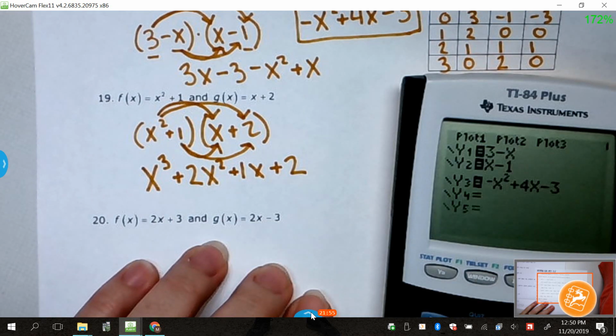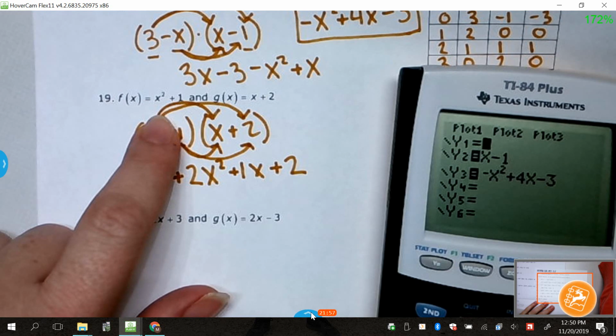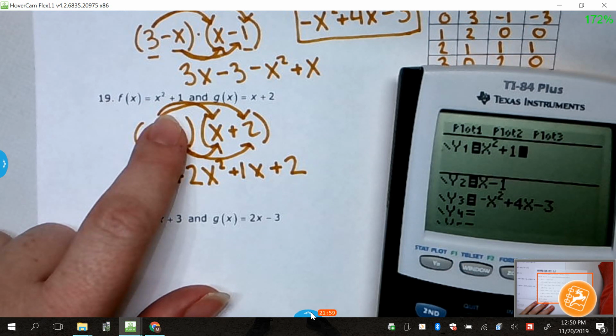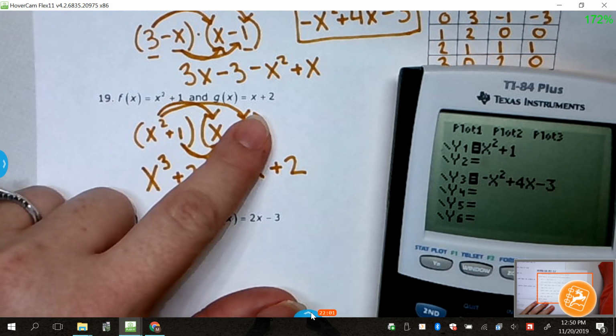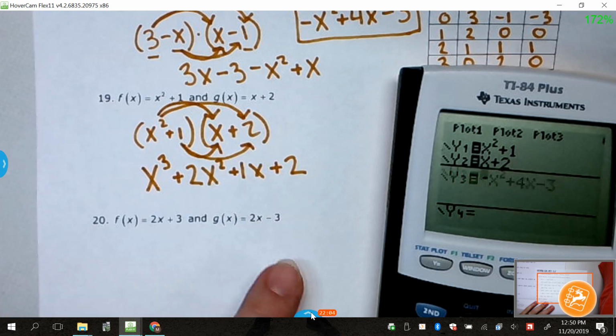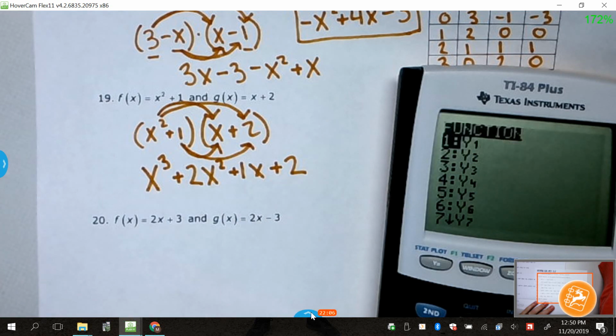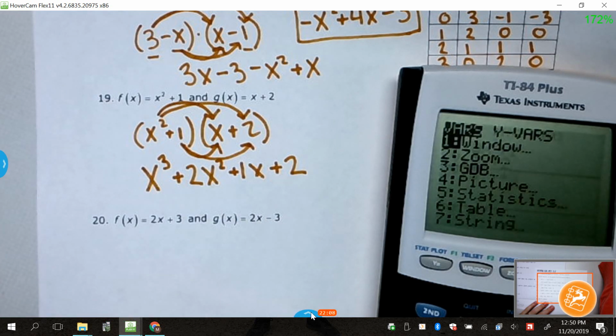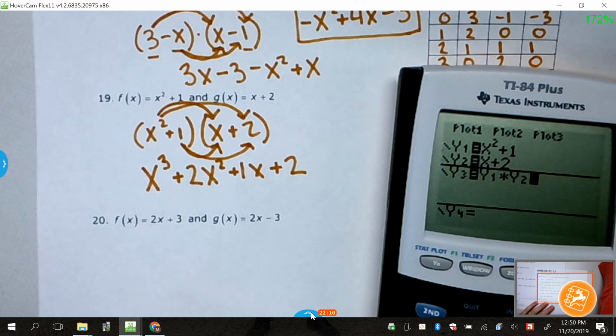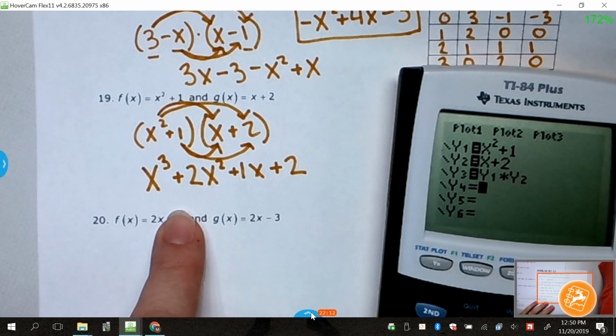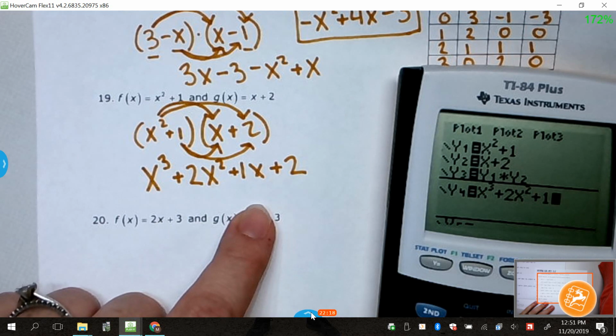So we're going to come here. X squared plus 1, x plus 2. So another way you can check your work is doing your vars. y1 times vars y2, and then in y4 typing what you came up with. X to the third power plus 2x squared plus 1x plus 2.